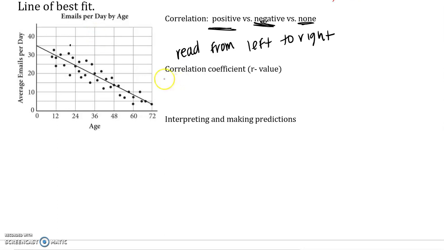Now, here's a phrase you might not have heard, and this is called the correlation coefficient, also referred to as the R value. You want to definitely make sure you write down this definition. Correlation coefficient is just how close the graph is to being linear.